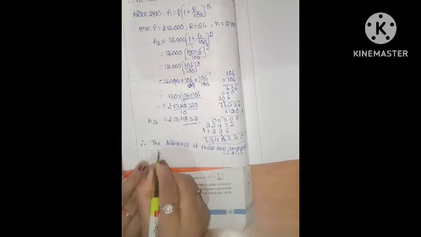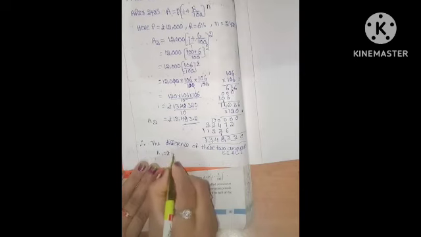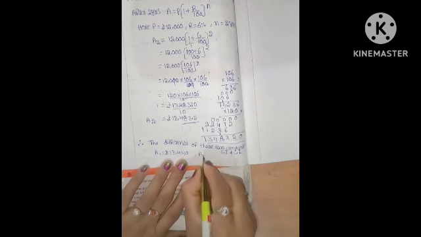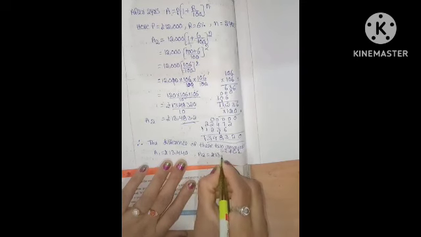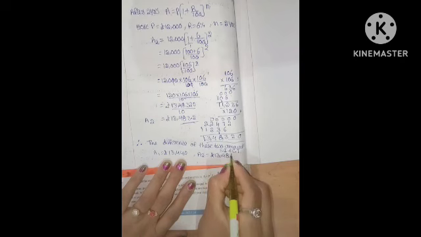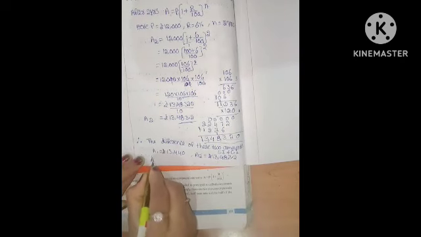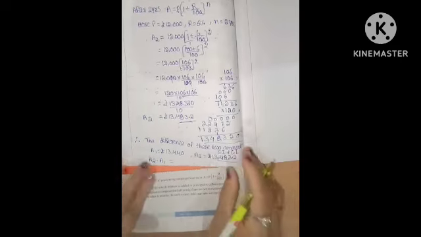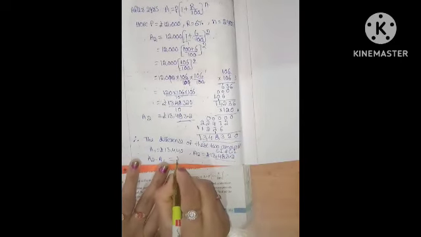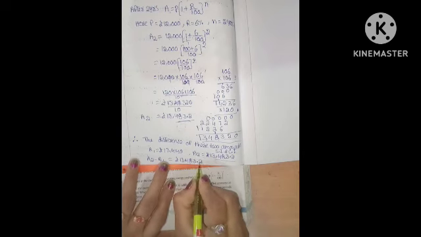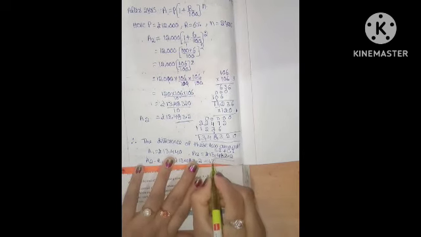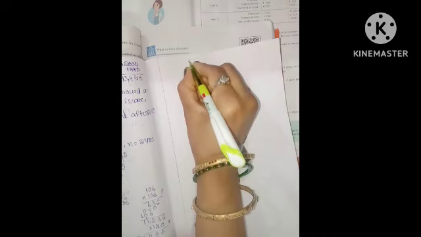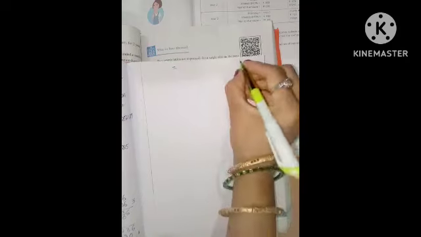So A1 equals rupees 13,440, and A2 equals 13,483.2. So the difference is A2 minus A1. A2 is the bigger one. So rupees 13,483.2 minus 13,440.